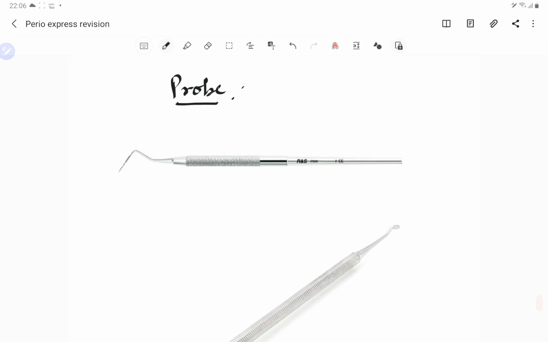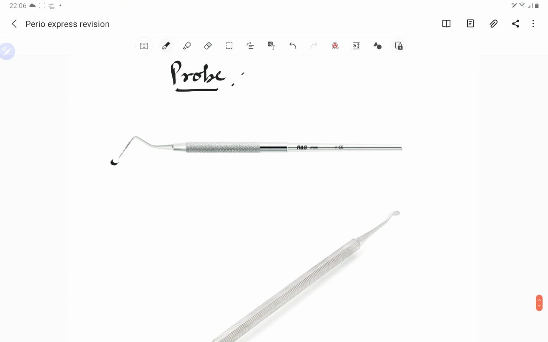You can see here there is a blunt rounded tip. There are calibrations in millimeters, and this is the handle, guys. First of all, these are the parts we are going to cover. If you can see here in the handle, there are some serrations in this area.